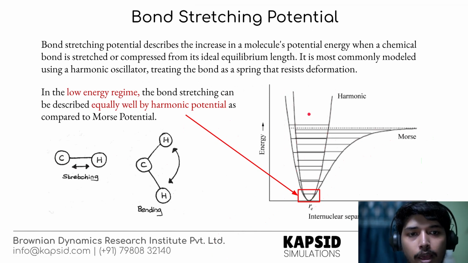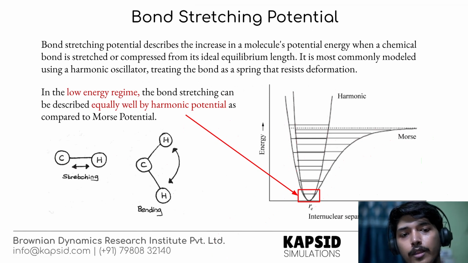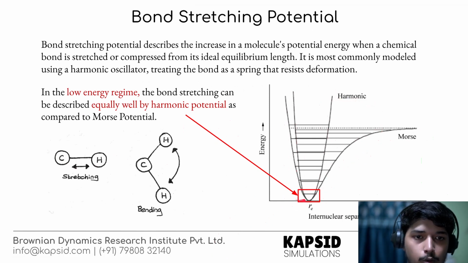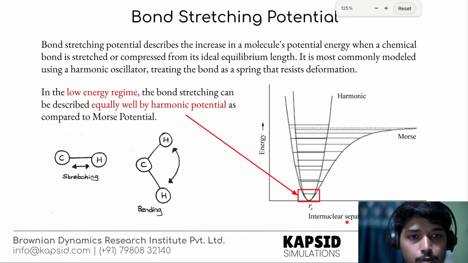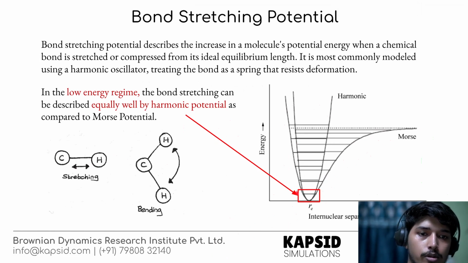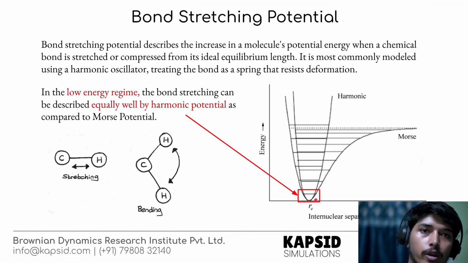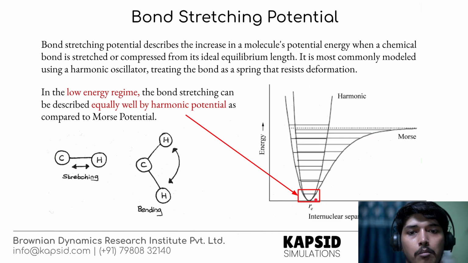Why am I showing you these two types of potential equations? Because they are closely related when we look into the low energy segment. I'm not sure if I can zoom in. No, I cannot. But when we look closely at this region, at very low energy, they look pretty identical. And why do we consider that? Because when we are doing classical simulations, we are not doing bond breaking. This kind of high energy stuff is not happening in classical MD at least.